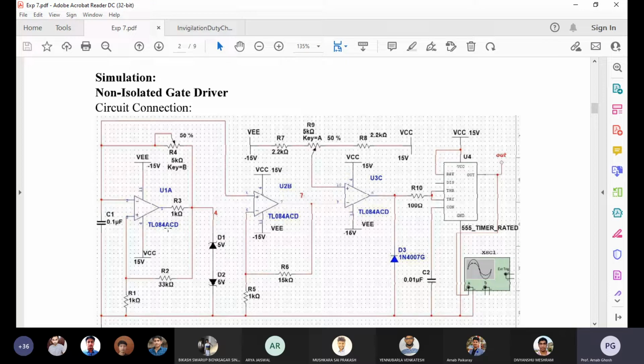Then, as per the logic, you have to make the logic such that when the triangular value is more than your control signal value, the converter should be turned on.